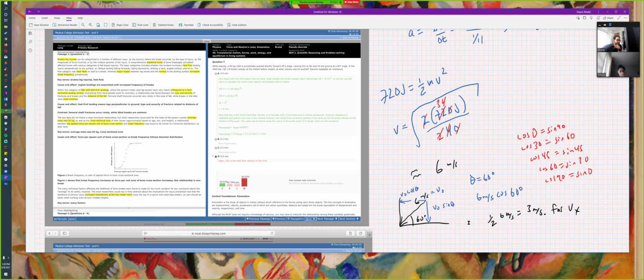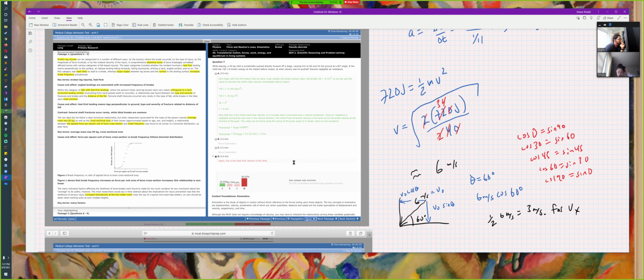Tangent is just a function of sine and cosine, and sine and cosine are just functions of the unit circle. You're never going to have to do anything with tangent on this. Okay. Sounds good.